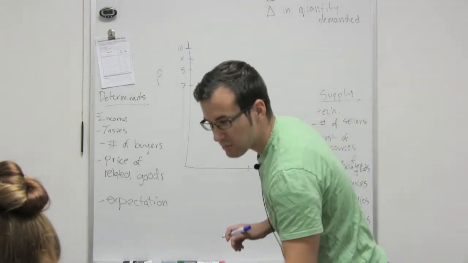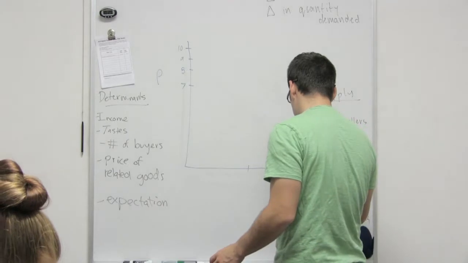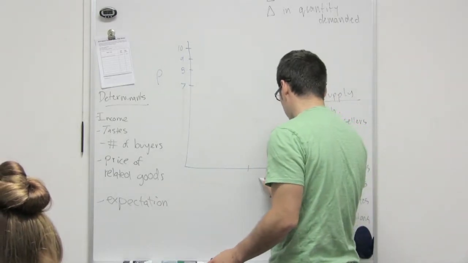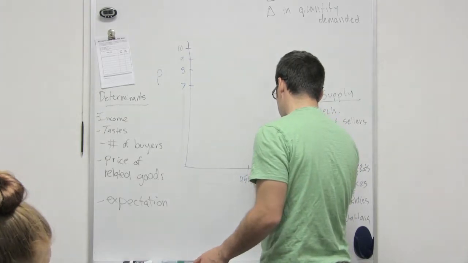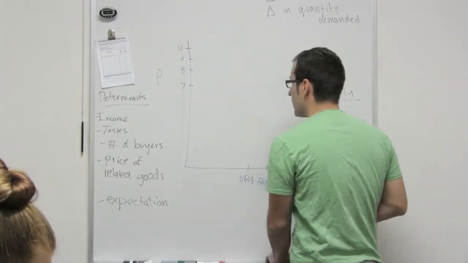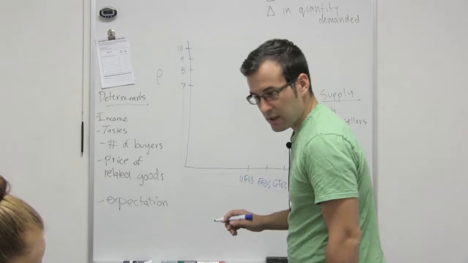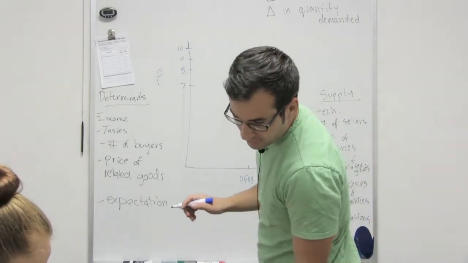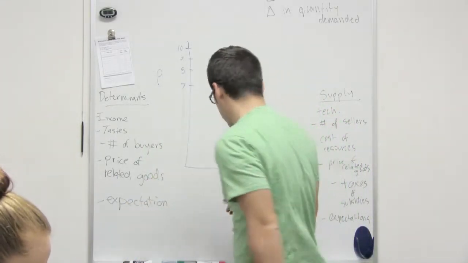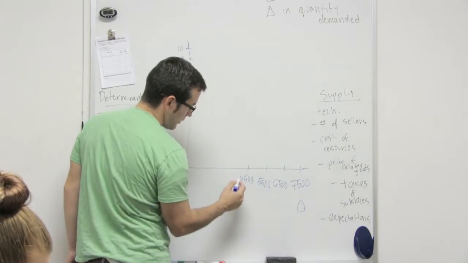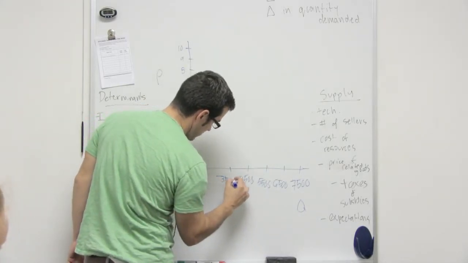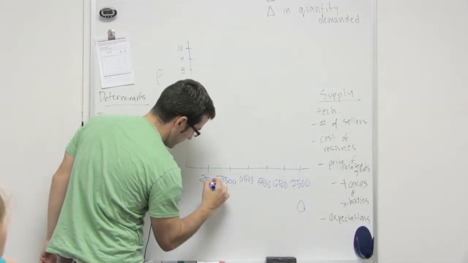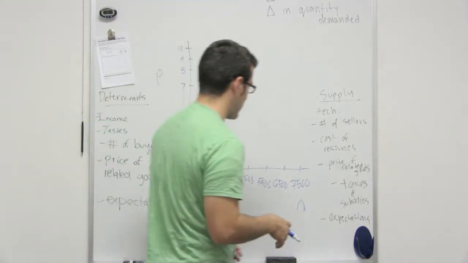I'll just put those prices, so we'll go down 1,000 each time so I can fit it in this graph. So 55, and then 45. You could assume it needs to go down to 3,000. Then we'll just keep going down by 2. So it looks something like this, right?